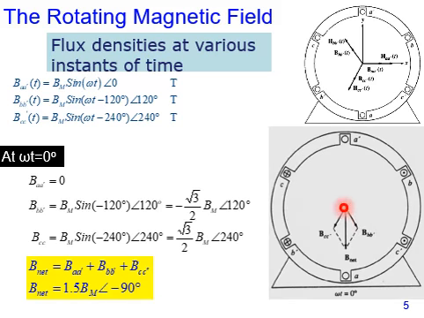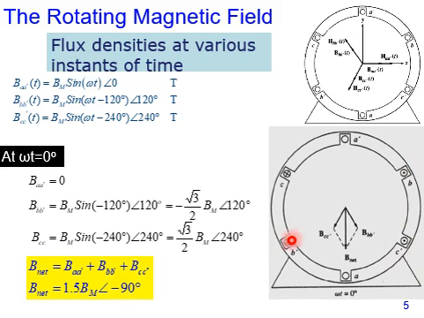So these are the directions of B BB bar and B CC bar, and this is B net, and there is no B AA bar, since B AA bar is 0. Let's suppose this is loop BB bar.